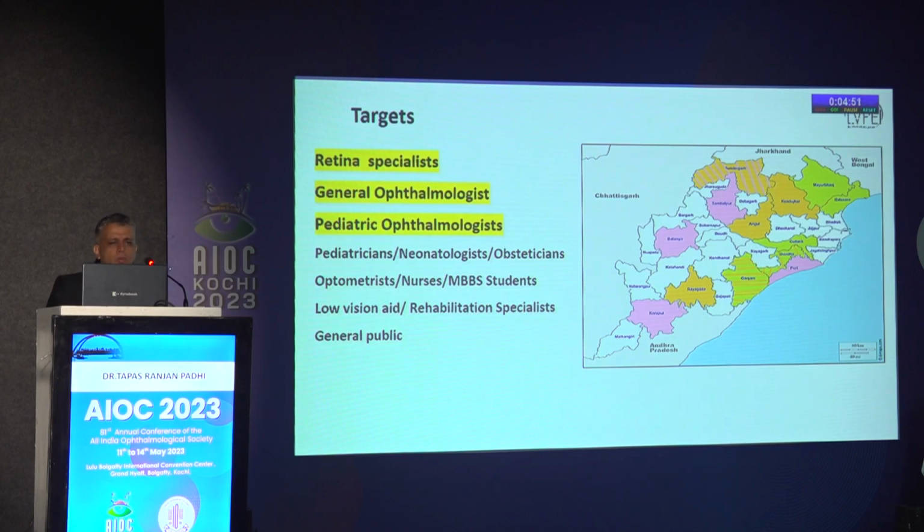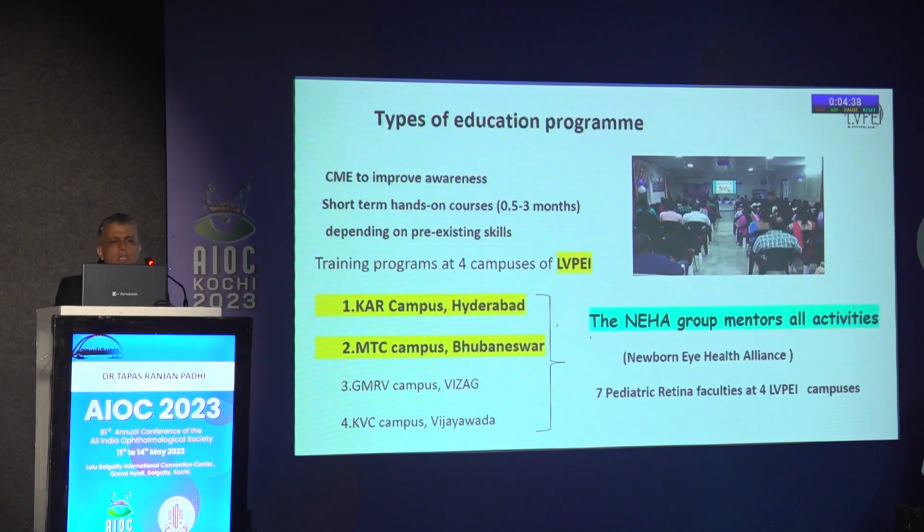These are the priority groups for the training: retina specialists, general ophthalmologists, pediatric ophthalmologists, pediatricians, neonatologists, obstetricians, optometrists, low vision specialists, and the general public.